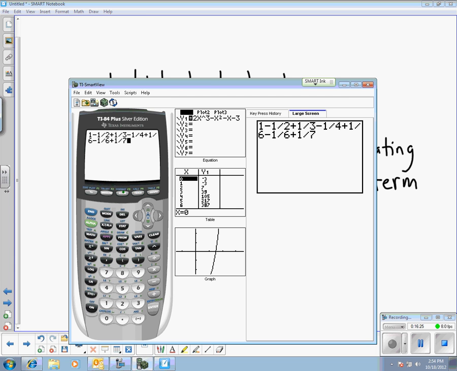Okay, got all those minus, plus, minus, plus. So my first 7 terms add up to 0.726109. Let's call it 0.72619.